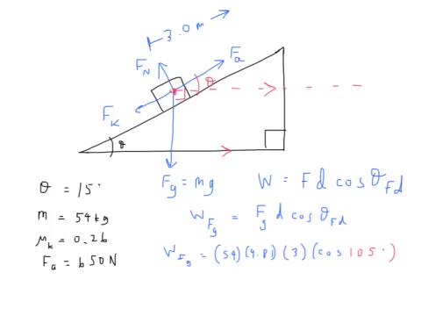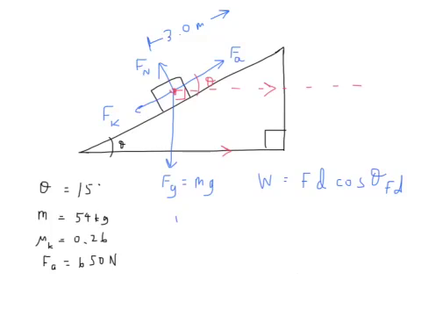Now the next thing we are going to do, and you can plug this in and find the answer, is find the work done by the normal force. So we use the same equation. The work done by the normal force is the normal force times the distance traveled by the block times the angle between the normal force and the distance.